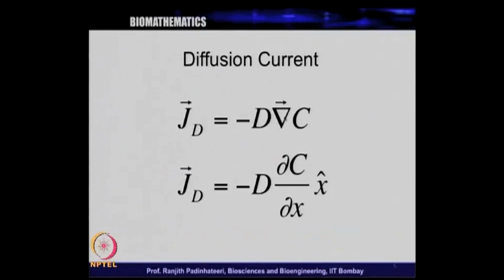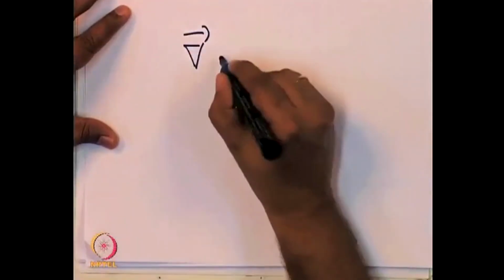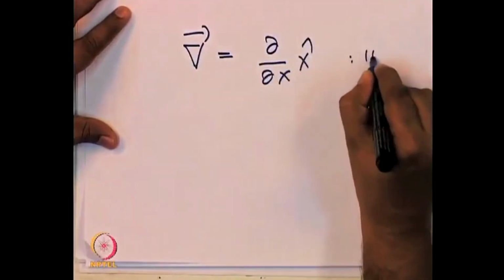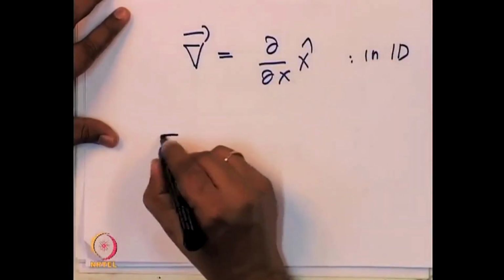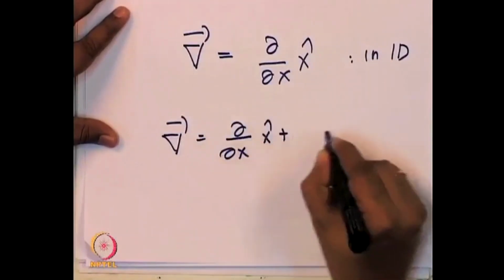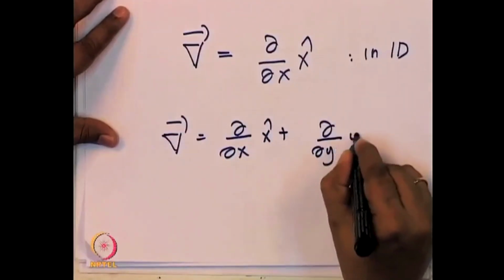where del is something we learned in the previous lecture. Del is a gradient vector. In one dimension, it is del by del x times x cap. In 2D, del means del by del x times x cap plus del by del y times y cap.